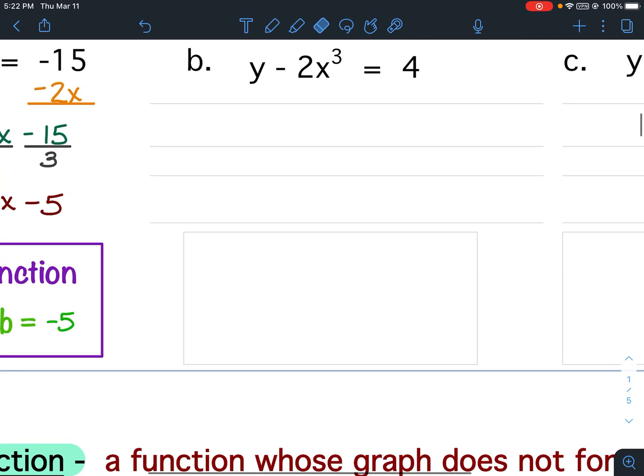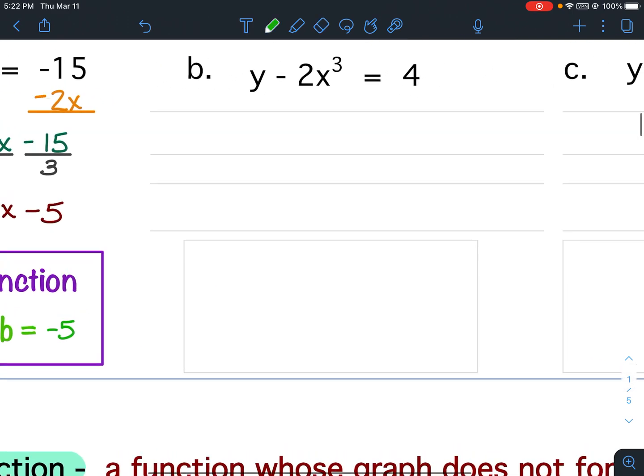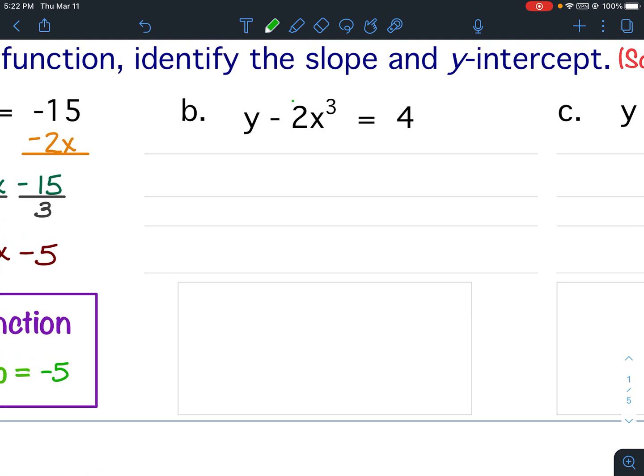All right, for B, I want to isolate the y. So the first thing I need to do is take the negative 2x cubed to the other side using the inverse operation. So I'm going to add 2x cubed to both sides.